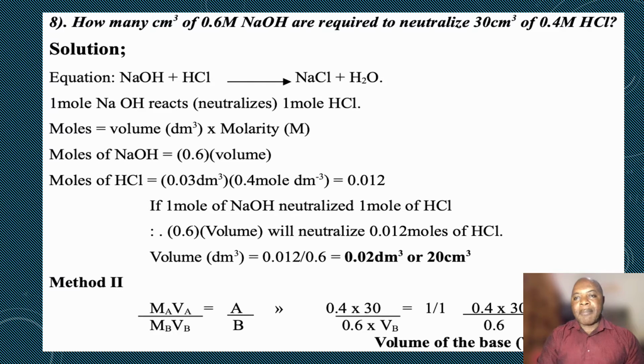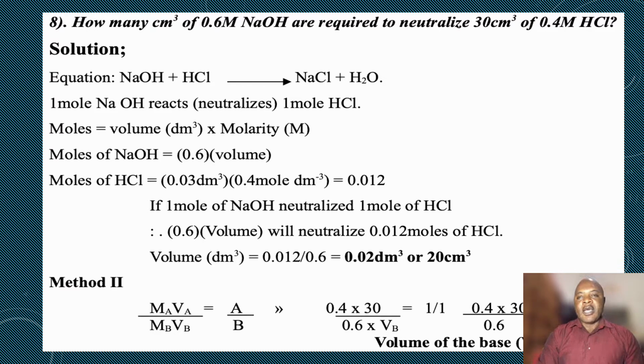And when we multiply by 0.4 to have the number of moles, it will be 0.012 moles of hydrochloric acid.